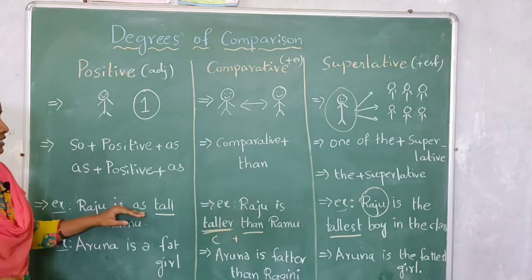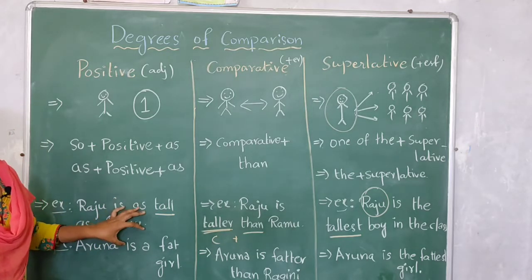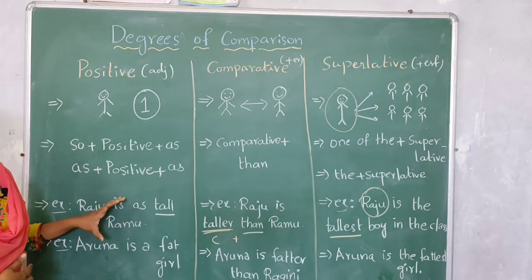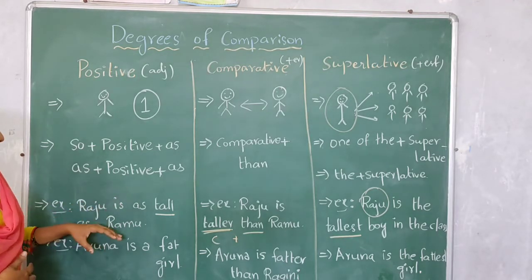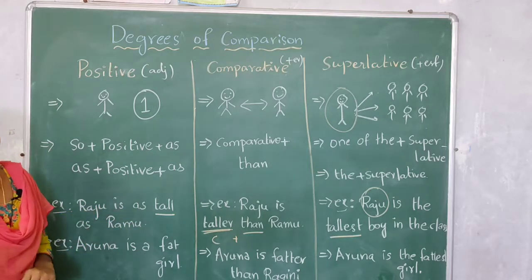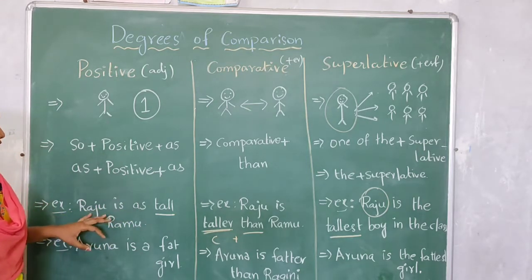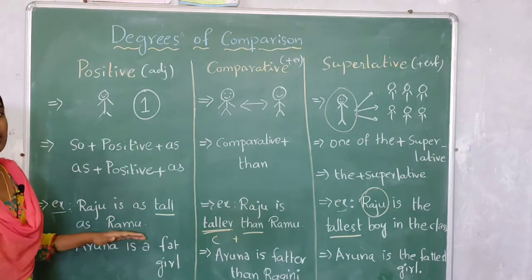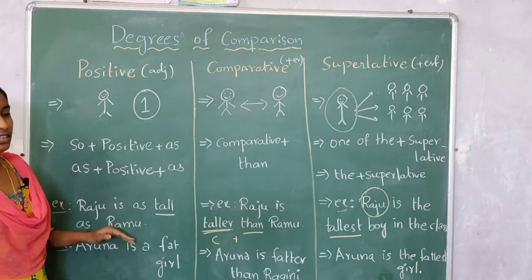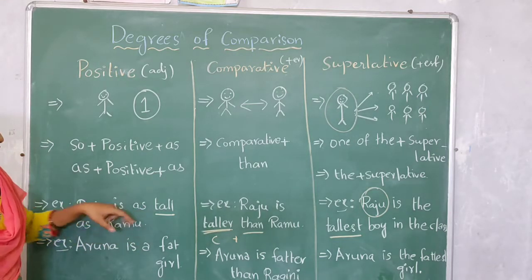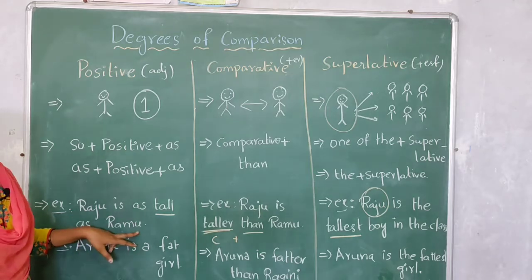So another way of telling this positive adjective is Raju is as tall as Ramu. Here I am comparing Raju and Ramu both. But Ramu is not shorter than Raju. Both have the same height. Raju is as tall as Ramu.